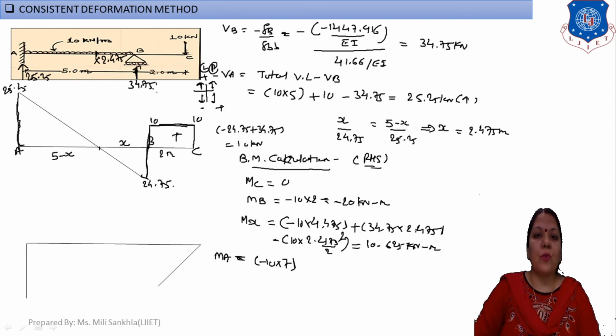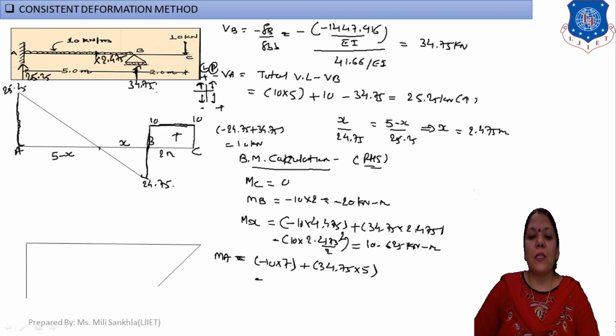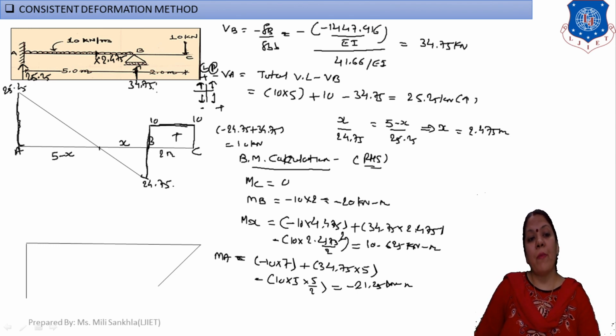This support reaction rotates anti-clockwise, plus 34.75 into distance 5, and minus this UDL, clockwise direction on the right-hand side, minus load into distance and distance by 2, and my answer for this moment MA is equal to minus 21.25 kilonewton meter.